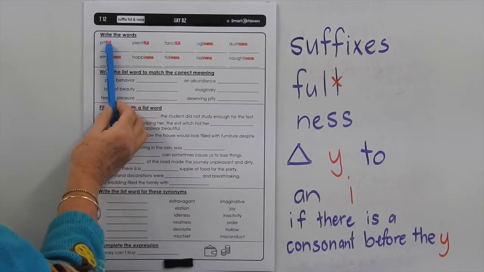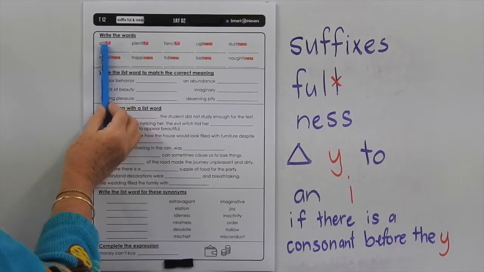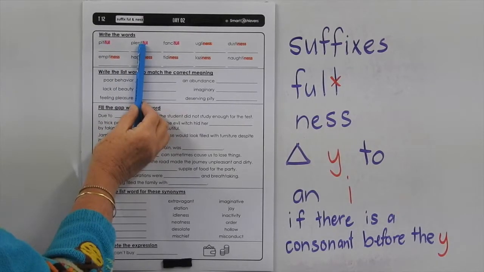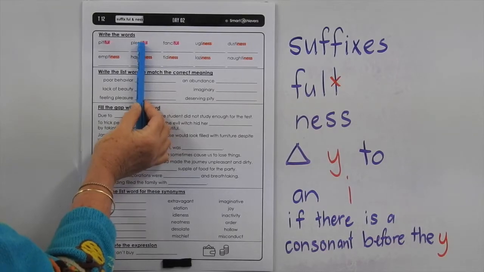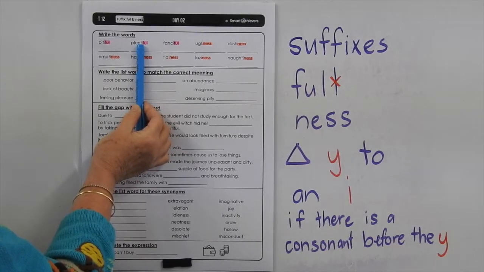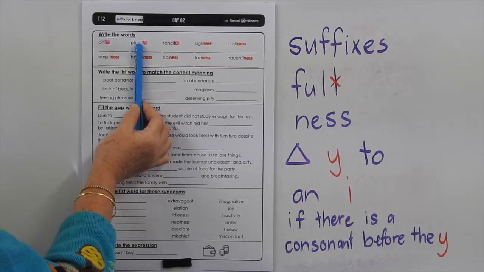Now, sometimes I see students taking out or forgetting to put in that I, they just take out the Y and don't put any letter in. You need that Y to be replaced by an I, because you need that sound in there.